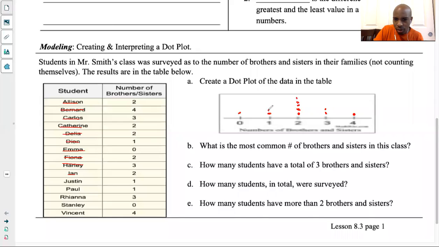Paul is 1. All right, so I'm going to create 2 dots here. 1, 2. Forgive me if my dots don't look like dots. Okay. Rihanna has 3. Okay. Stanley has 0. And finally, the last one, which is Vincent, he has 4.